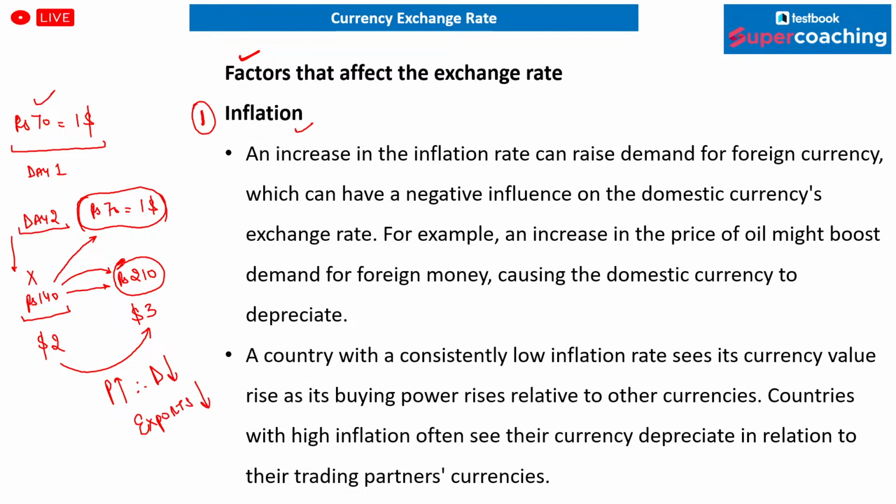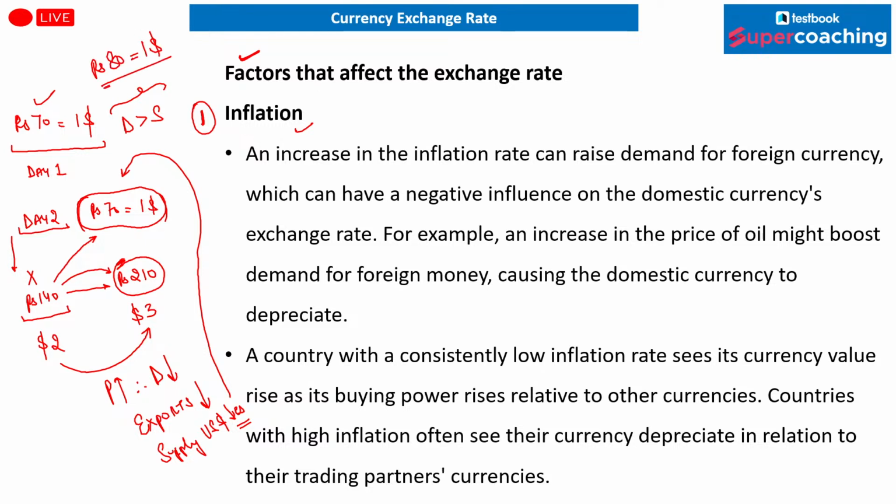And if export is decreasing, it's quite obvious that the supply of US dollars to India decreases. In this case, demand will be greater than supply and our currency will depreciate. Now you know that currency may come down from 70 rupees to 80 rupees.